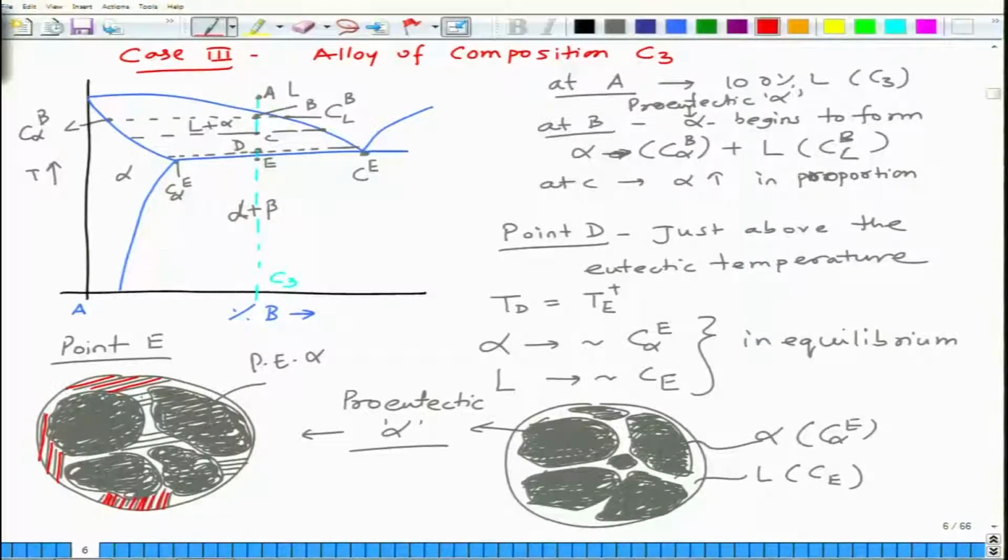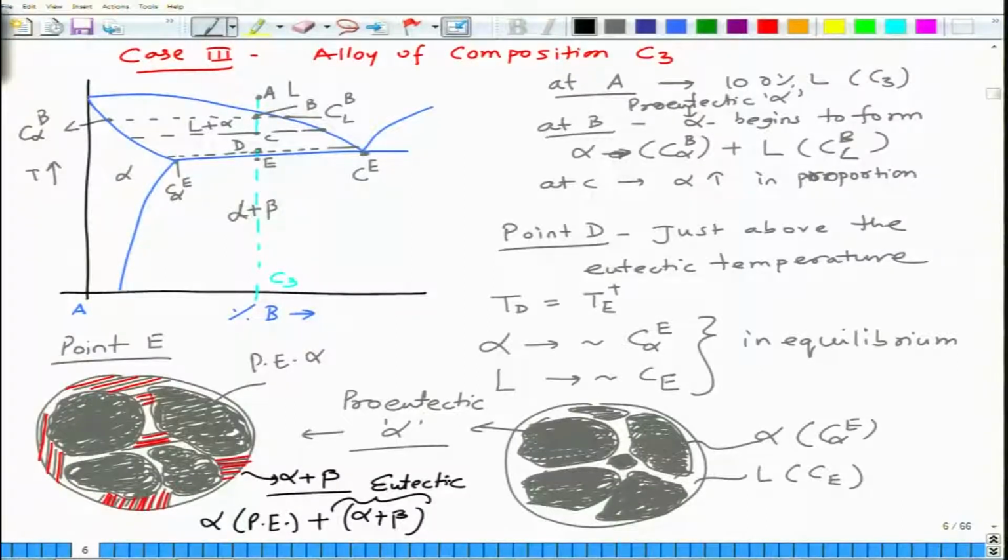It's like parallel plates of alpha and beta growing together. So if you zoom in, this is basically a mixture of alpha plus beta. So the eventual microstructure at point E is pro-eutectic alpha plus alpha plus beta, which is the eutectic mixture.